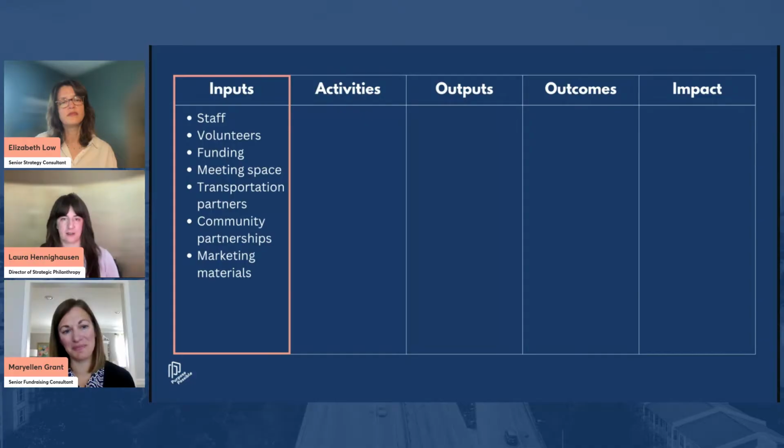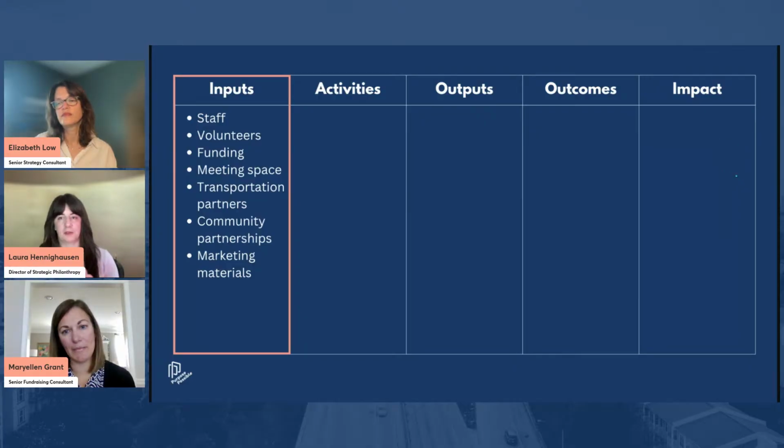We've already identified that transportation can be an issue for these seniors, and that is something that this project has. We have community partnerships to leverage, and we have marketing materials. These things are all probably inputs that a lot of you have. You can also get as specific as you want here. If you have something that's very particular to your program or organization, that's always great to show here.